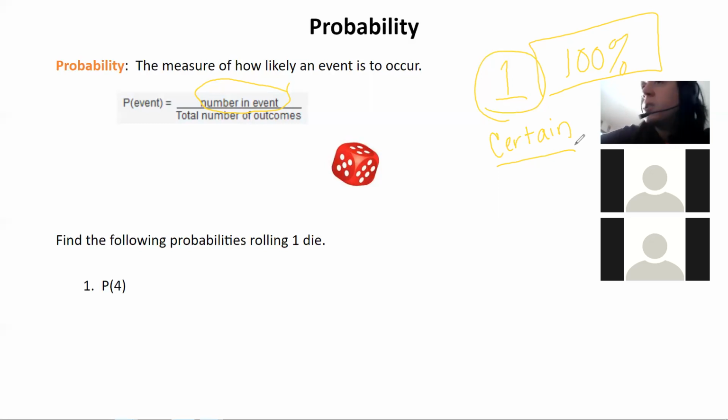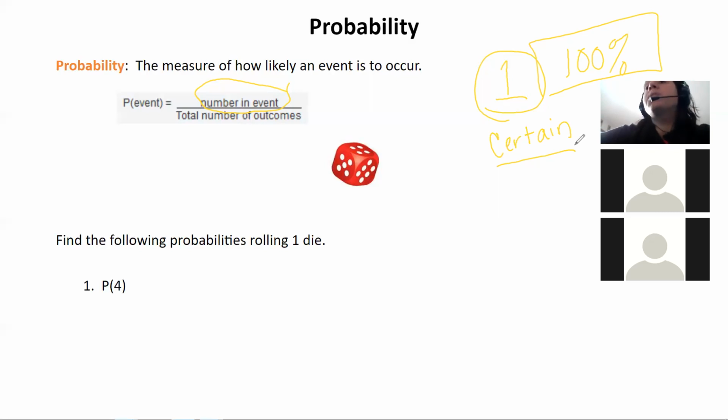What is 100% chance of something? Death? Yeah, you're right. There is 100% chance that someday you will pass on, definitely. Being born? Yep.